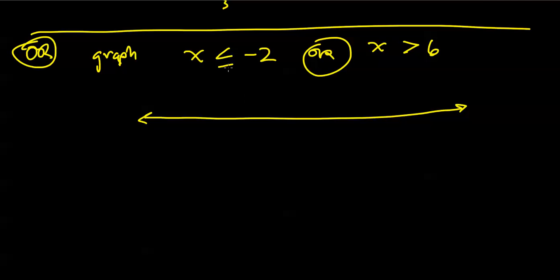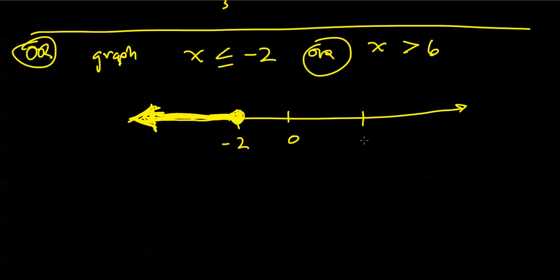So x less than or equal to -2, let me put 0 here. It's a reference point. Less than or equal to -2 means left of -2, of course including -2. So this stretches out to negative infinity, and I'll indicate that with a nice bold arrow, shading everything to the left of -2. Or greater than positive 6.